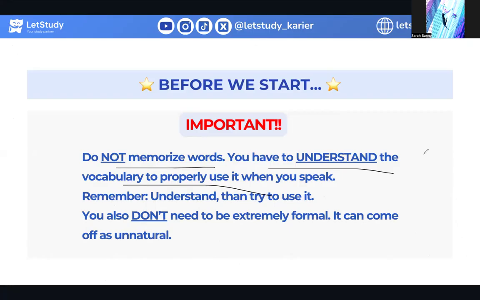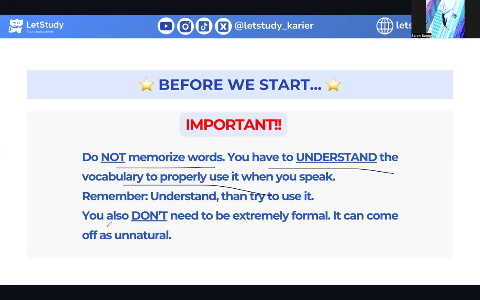Examinernya pasti akan tahu kalian beneran mengerti arti kata tersebut. Jadi, please mengerti dulu vocabulary sebelum kalian bicara.